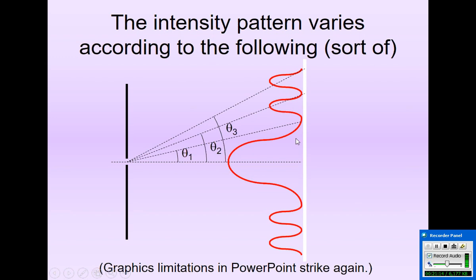And we see that the different angles are subtended from the center of the bright spot to where the intensity is zero, where we would have a dark spot. So that's what theta represents in single-slit diffraction. That makes it different from the other multiple-slit diffractions that we've been examining.